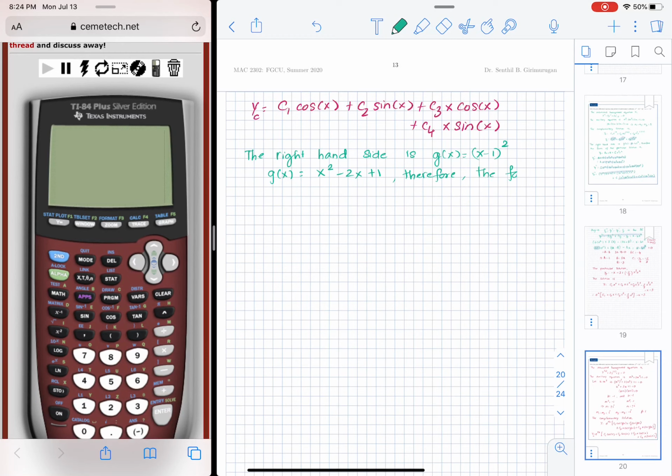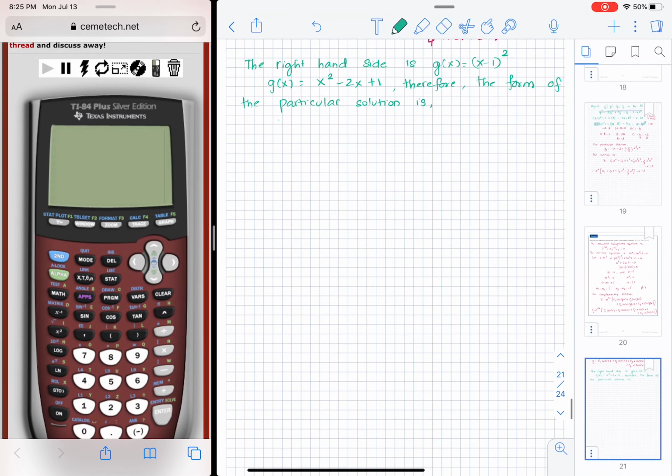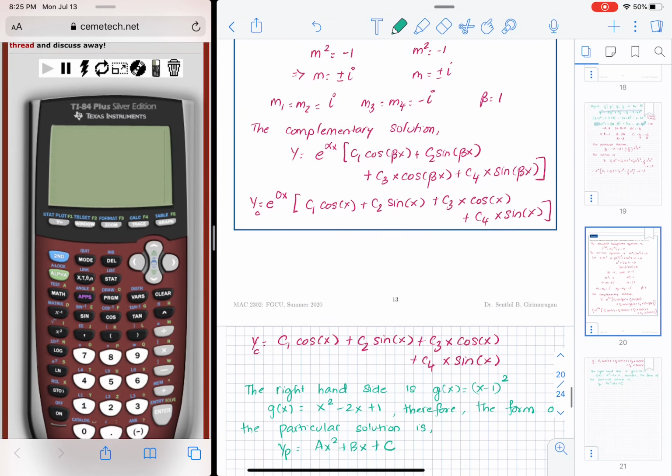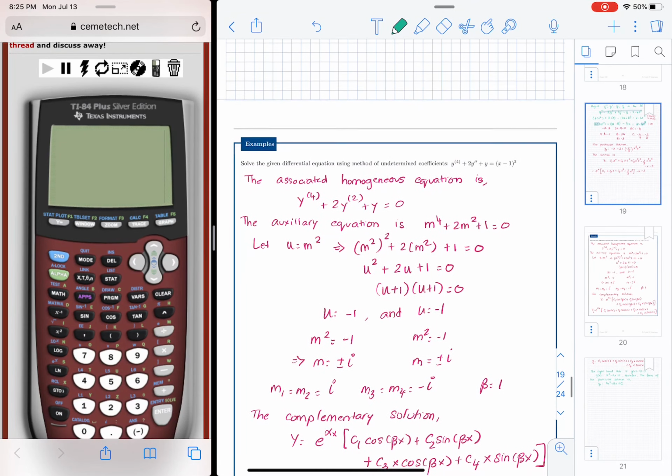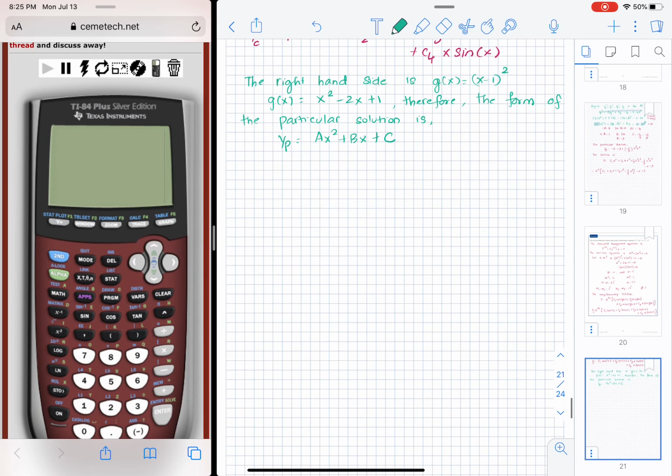Therefore, the form of the particular solution is yp equals ax squared plus bx plus c. Now we could find the first derivative, second derivative, and the fourth derivative to plug it in the equation.